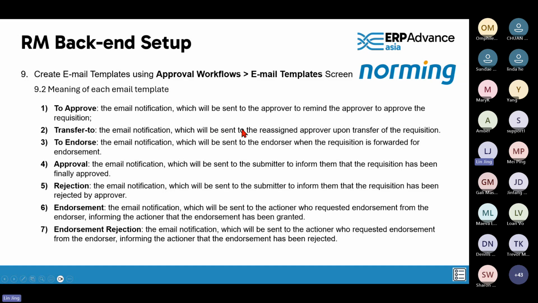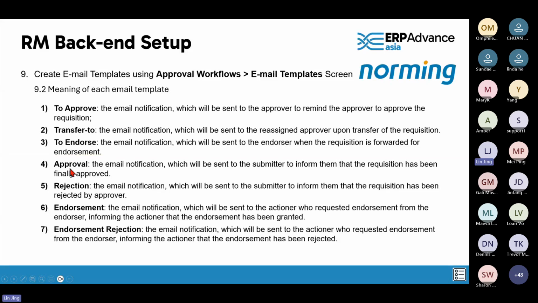So the manufacturing manager will receive the notification. Then to endorse, is like we want to get someone to endorse, say, oh, this purchase is really required. This email notification is sent to the endorser when the requisition is forwarded for endorsement.